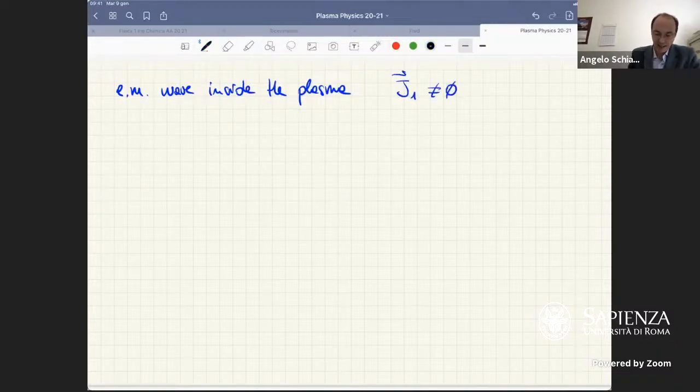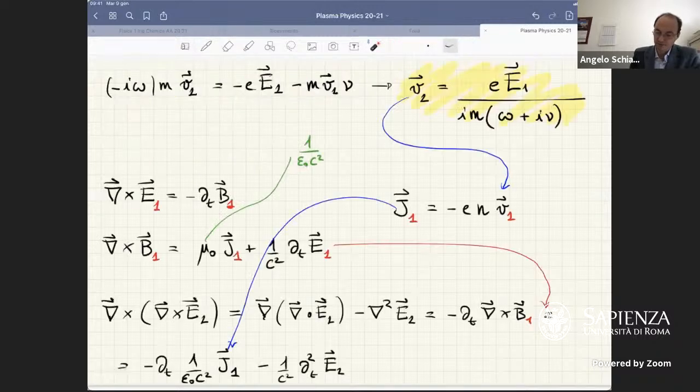So we can define J1 as minus e n times the speed of the electrons. And we get this V1 here from Newton's law.